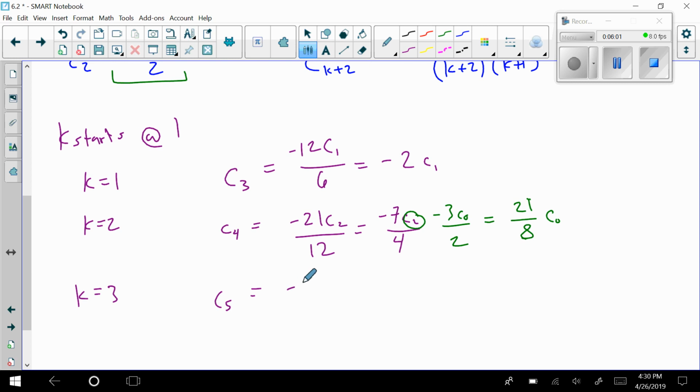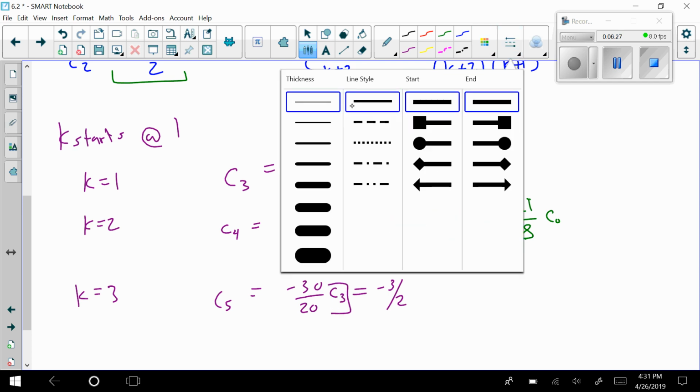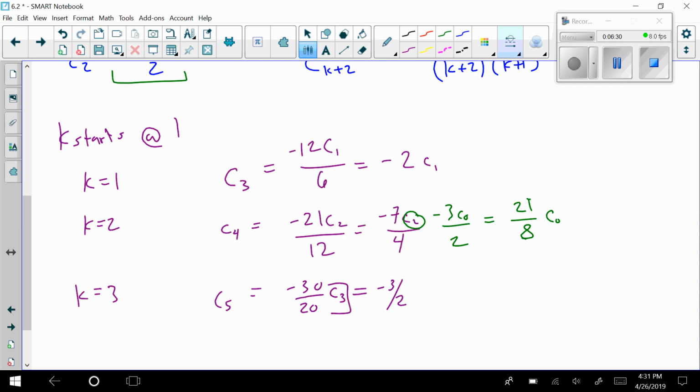So I got c sub 5, that's negative 30 on top, a 20 on the bottom, and then that's times c sub 3, which would equal, let's simplify it a little bit, negative 3 halves times c3. Now we found out that c3 is equal to negative 2 c sub 1, so I can plug that in.